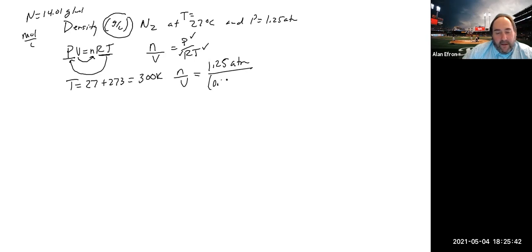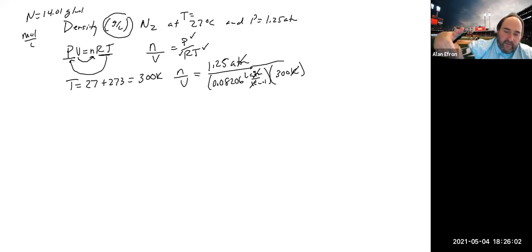All right, so solving for n over V will get us our pressure, which is 1.25 atmospheres, our R, which again is a constant. You always have that number available to you. And then our temperature, which is 300 Kelvin. Here we can see by looking at the units, atmospheres will cancel, Kelvin will cancel. We basically have liters over moles, but when we divide, it flips the other way and becomes moles per liter.